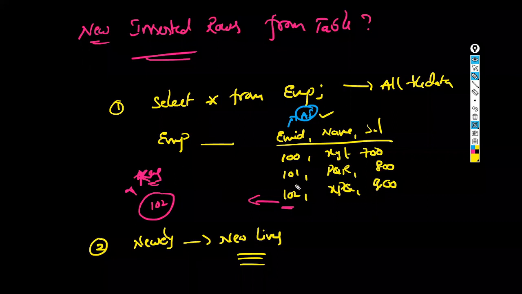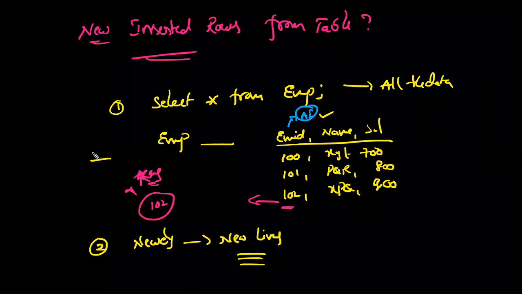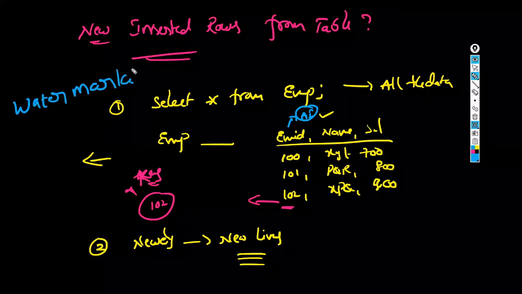Technically, we can call this entire thing watermarking. That means we set one mark here. When we reach 101, whatever values are above, 102 and beyond, those values only I want to pick. We set one mark with the auto generated key.